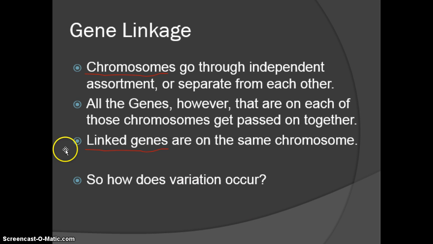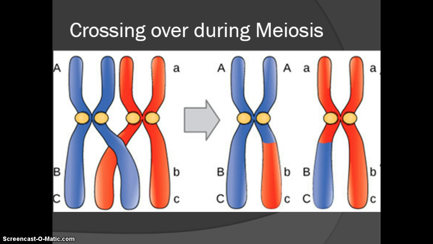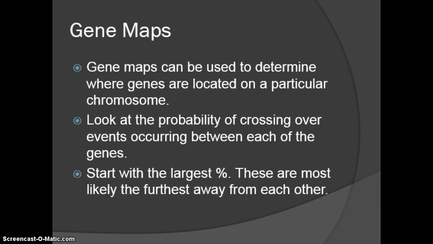And we still get that variation because of the crossing over during meiosis. So even though we have specific genes and alleles on each chromosome, when crossing over occurs during prophase 1, we are going to get some different variations in here. So what does this actually mean?